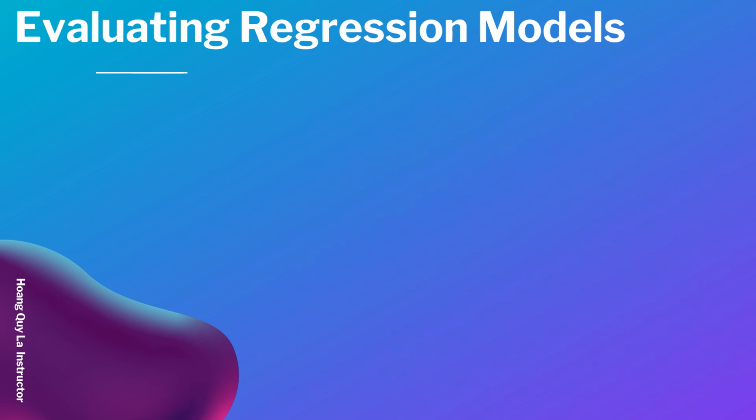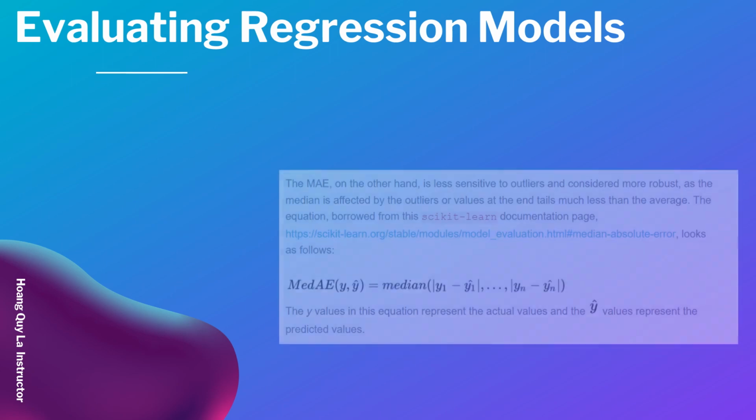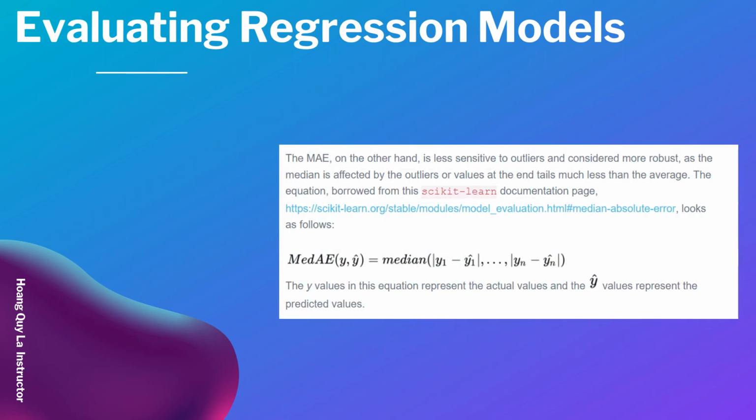The MAE, which is also known as the median absolute error, on the other hand, is less sensitive to outliers and considered more robust, as the median is affected by the outliers or values at the end tails much less than the average. The equation is borrowed from the scikit-learn documentation page. So this is the scikit-learn documentation link of the page.